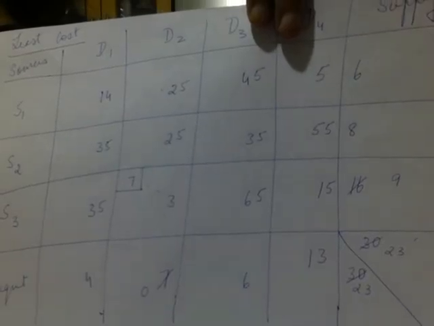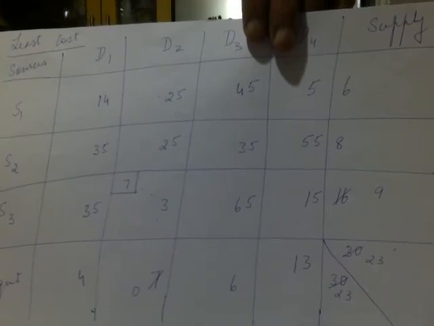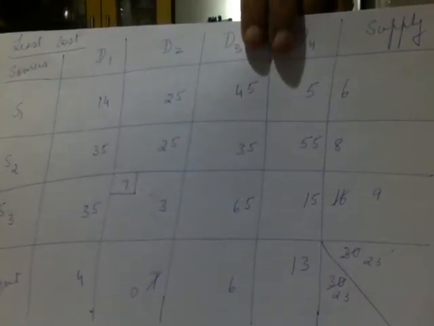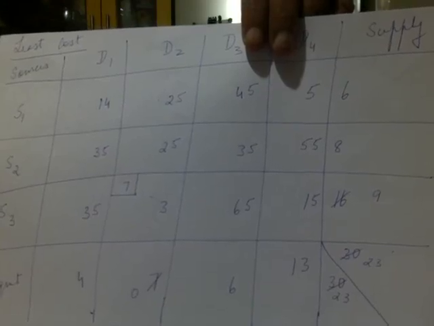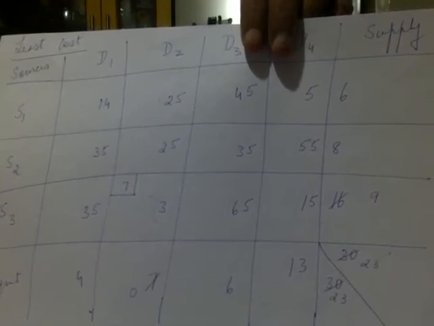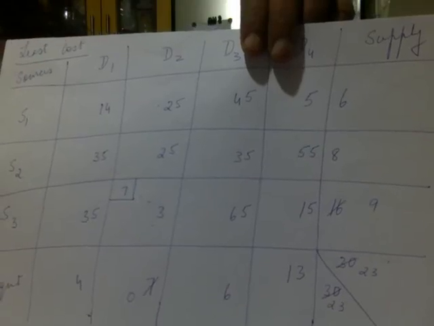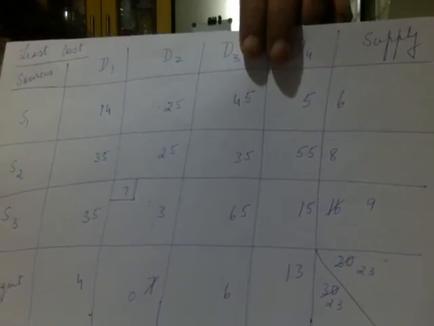Everybody clear? Please watch. Alright. Which do you think I should do next? The next lowest is 5, and we have a requirement of 13 in D4. S1 to D4 we have to give 6 because S1 has a supply of 6, and we will exhaust the supply of S1.